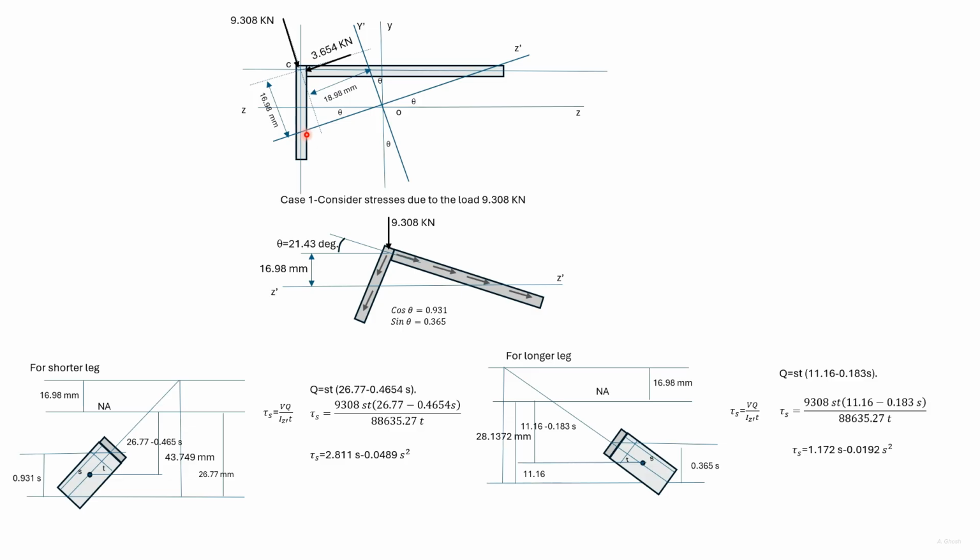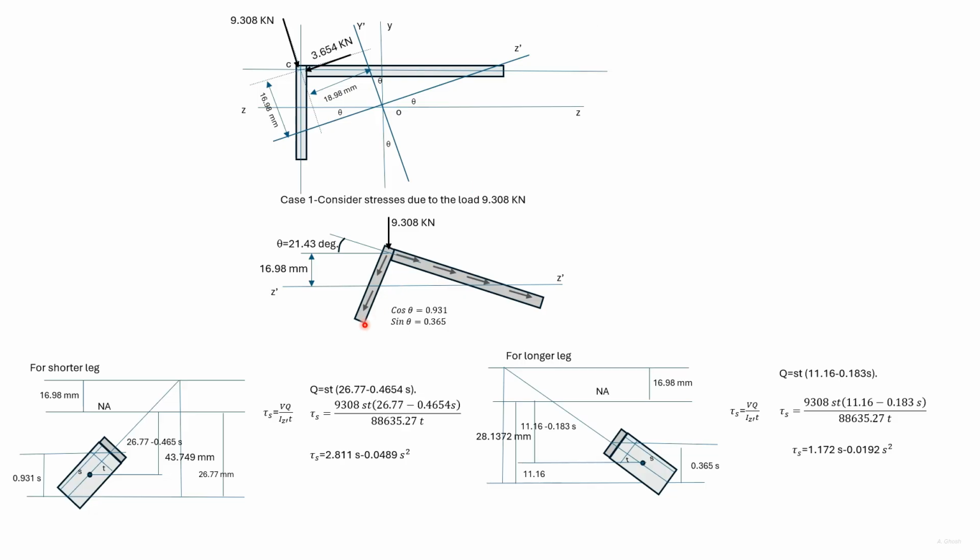We'll first determine the stresses in the two legs due to this 9.308 kilonewton load. Here we have rotated the angle so that the z dash axis is horizontal and the load acts vertically.